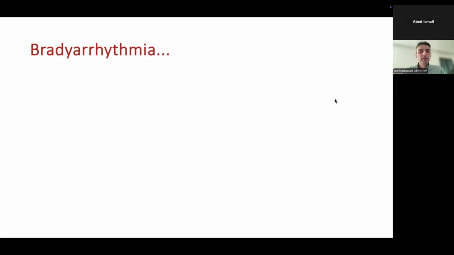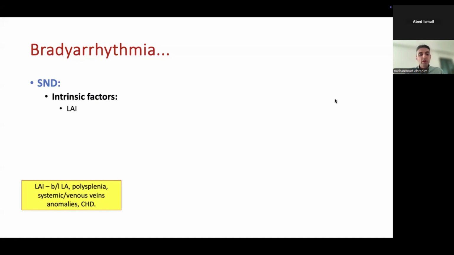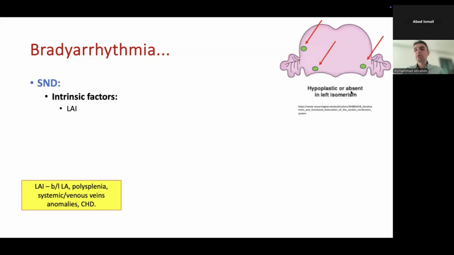So first of all, bradyarrhythmia, specifically sinus node dysfunction. As you all may know, left atrial isomerism is the most typical form of congenital heart disease that predisposes patients to sinus node dysfunction. Just really briefly, in left atrial isomerism patients, there are bilateral left atria, polysplenia, and often systemic and venous anomalies, plus or minus congenital heart disease lesions.